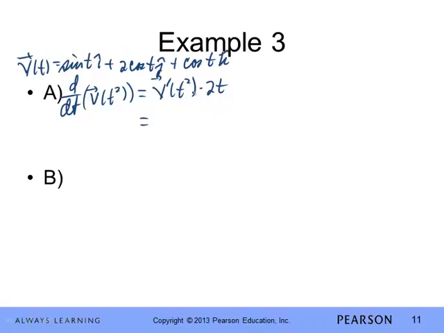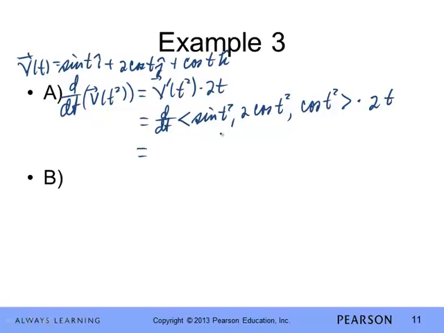So when I write v prime of t squared, that's d/dt of the components here: sine of t squared, comma, 2 times the cosine of t squared, comma, cosine of t squared, and then times 2t.